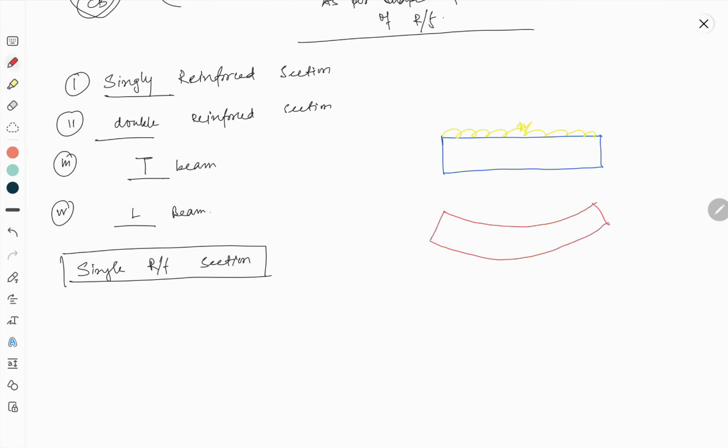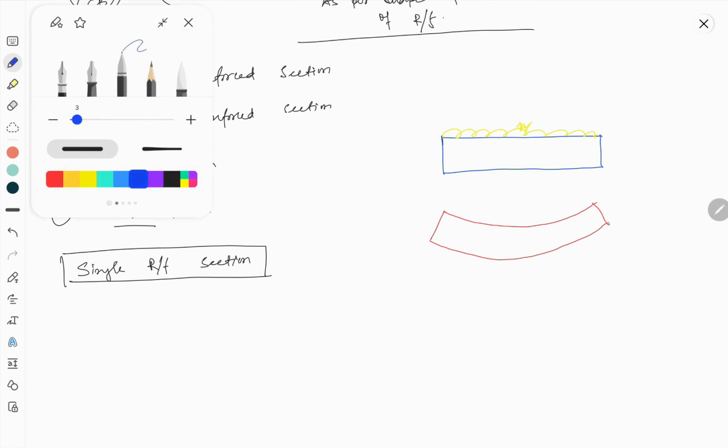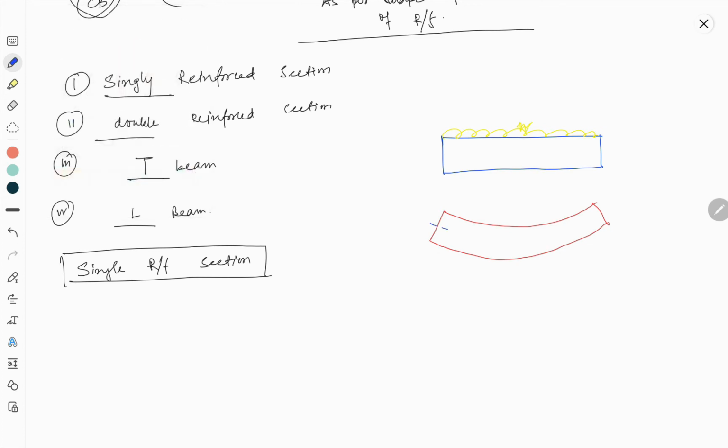If this is your neutral axis, then above the neutral axis this part is in compression, and this part will be in tension.